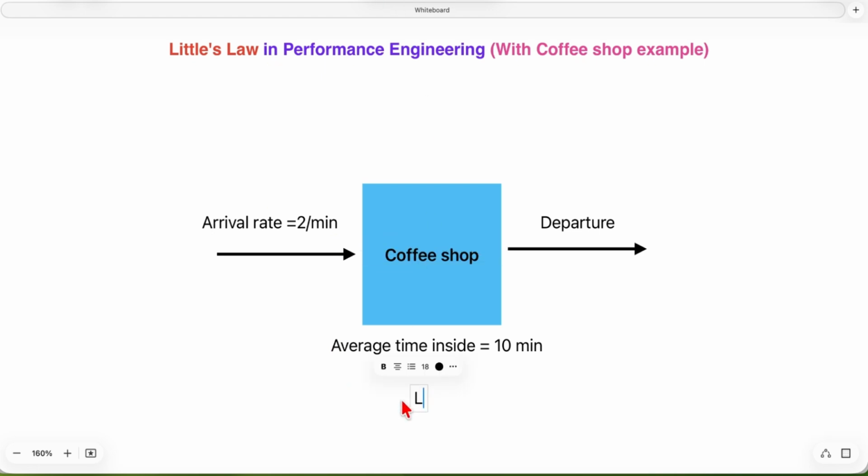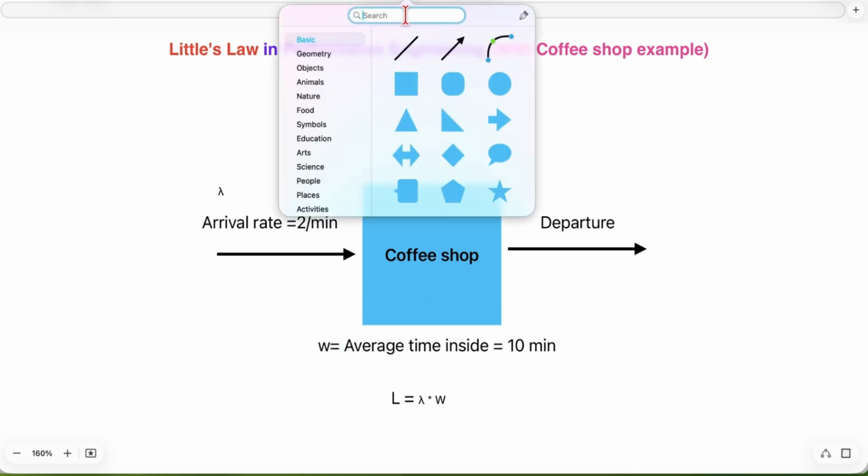Here, L is the number of users inside the coffee shop, equal to lambda, the arrival rate, multiplied by W, the average time each customer spends inside the system.